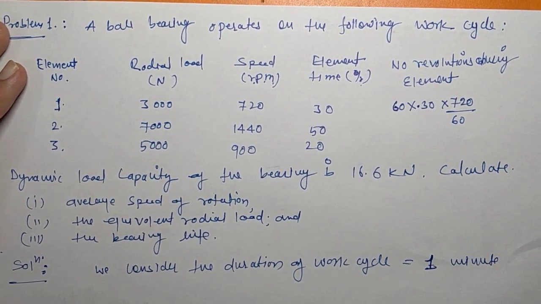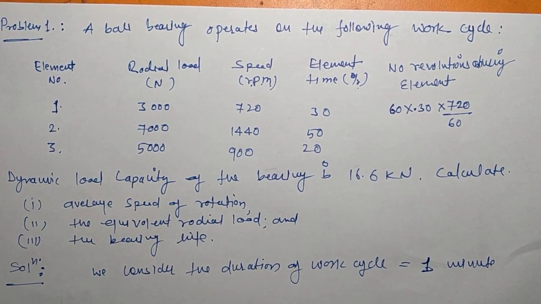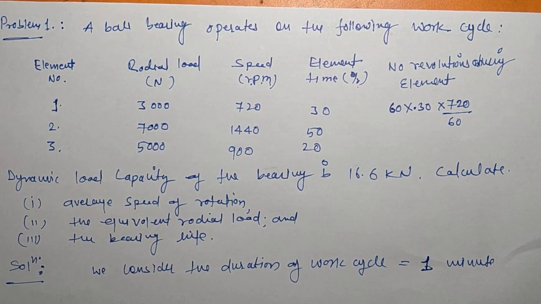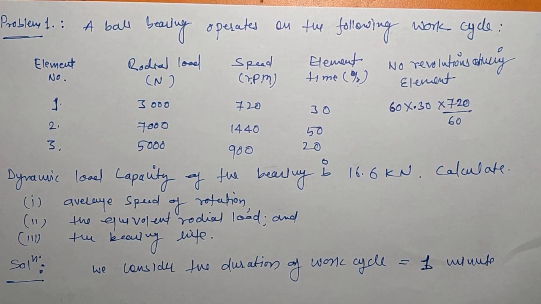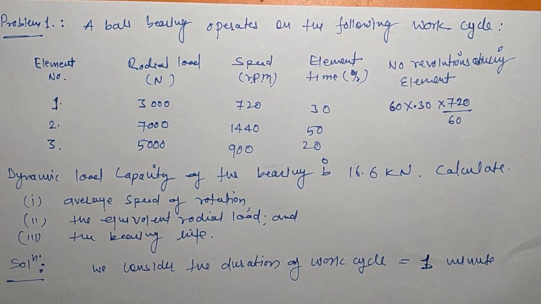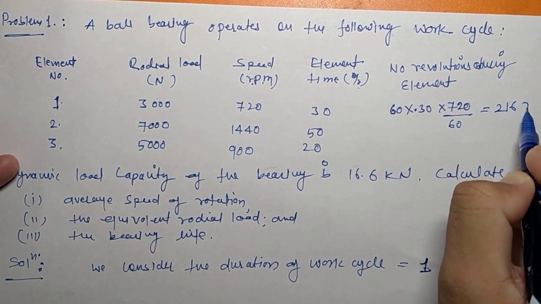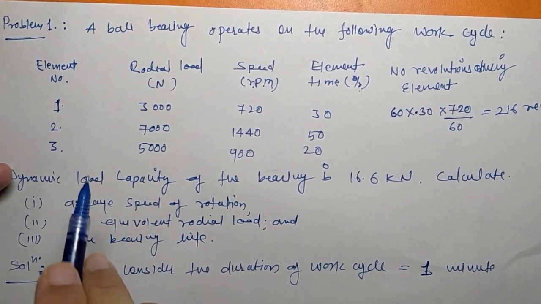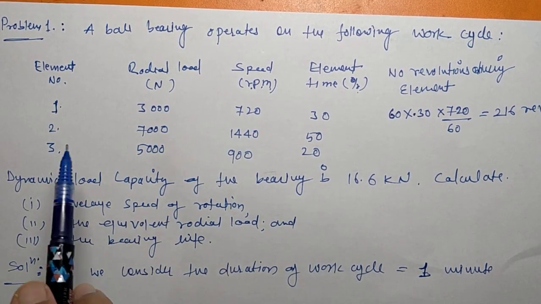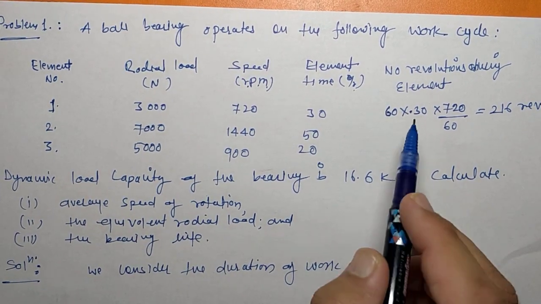If we solve this using the calculator, we end up with 216 revolutions. So during the first element the bearing revolves 216 revolutions.